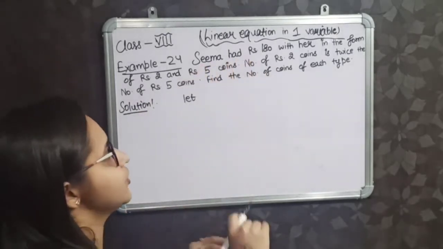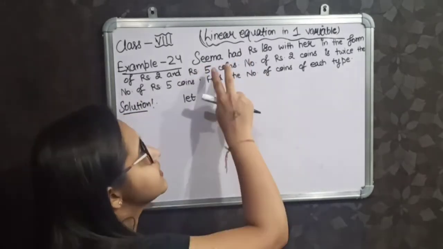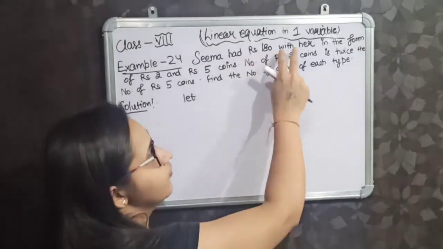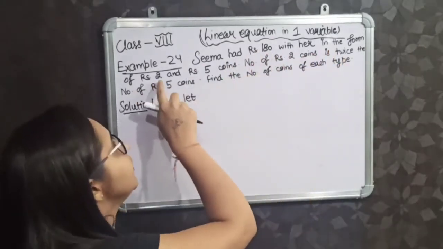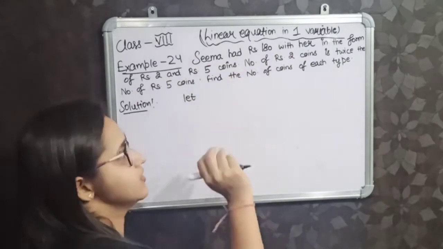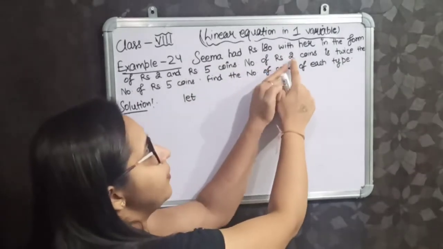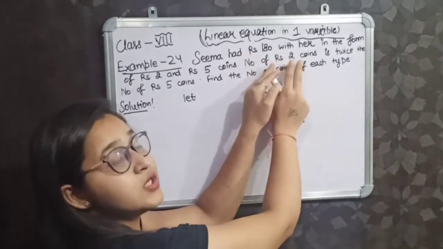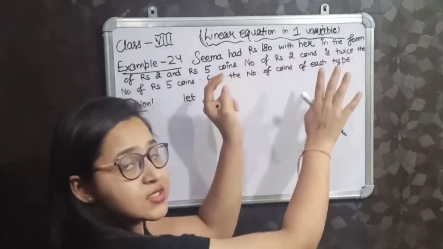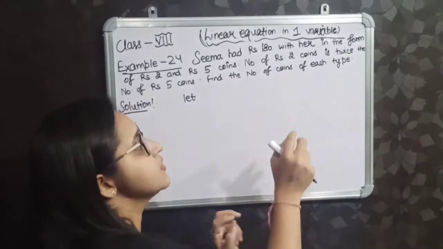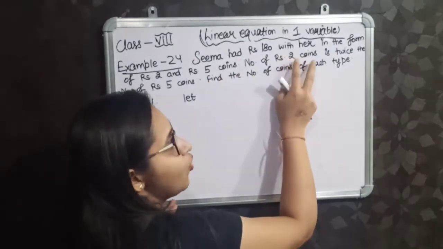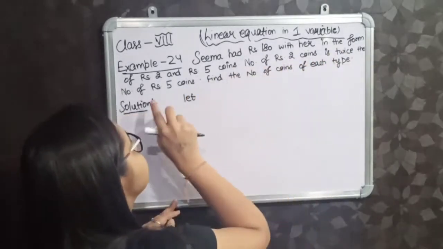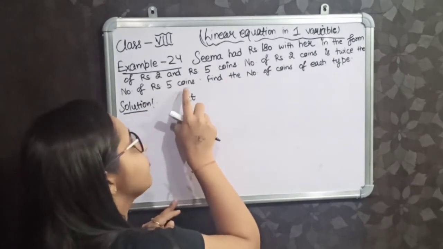Now come to the question again. It says that Seema had rupees 180 with her in the form of rupees 2 and rupees 5 coins. Now, the number of rupees 2 coins is twice. Twice means 2 times. So, the number of rupees 2 coins is 2 times the number of rupees 5 coins.